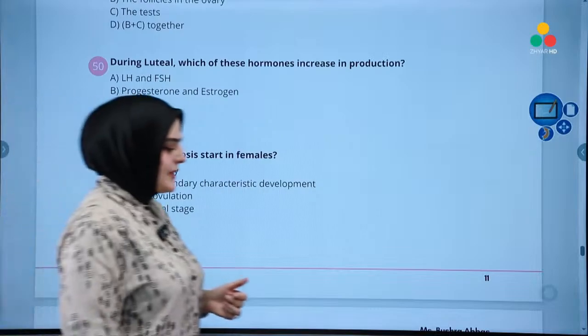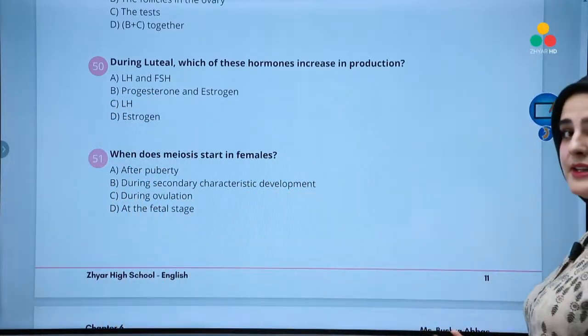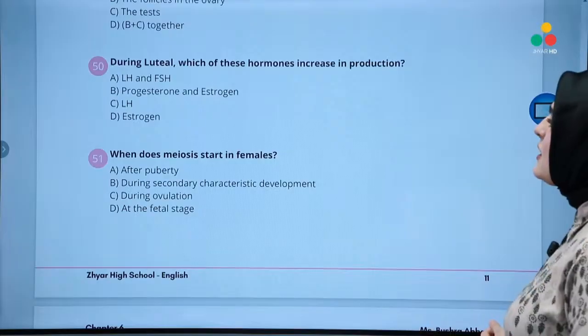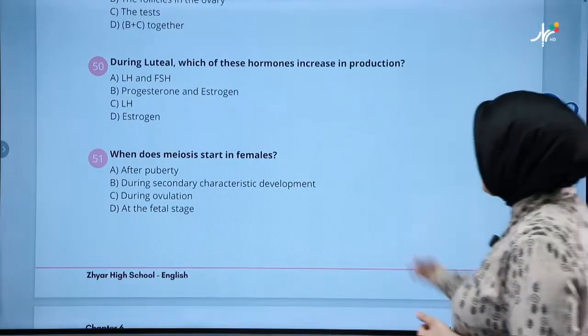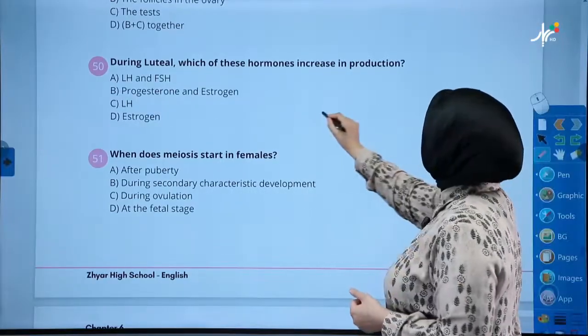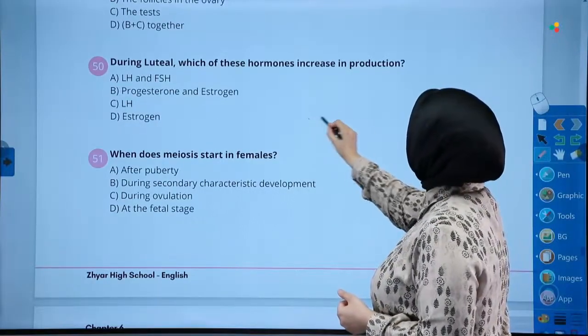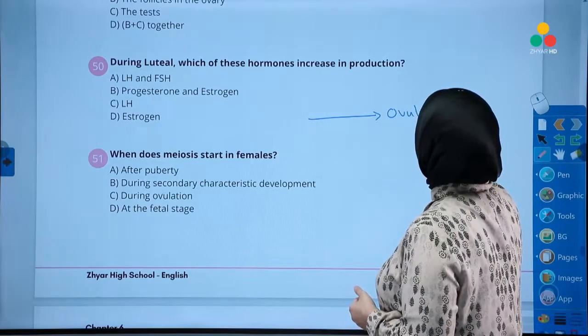Let's see, what is this? It says during luteal, that's luteal phase in the menstrual cycle, which of these hormones increase in the production? Remember, during the luteal cycle, an ovarian cycle, okay, ovulation is here.